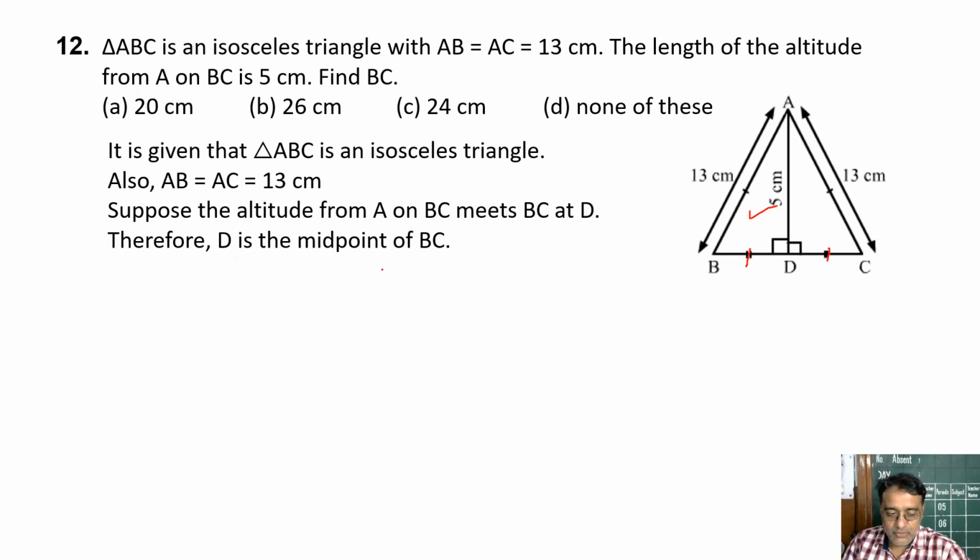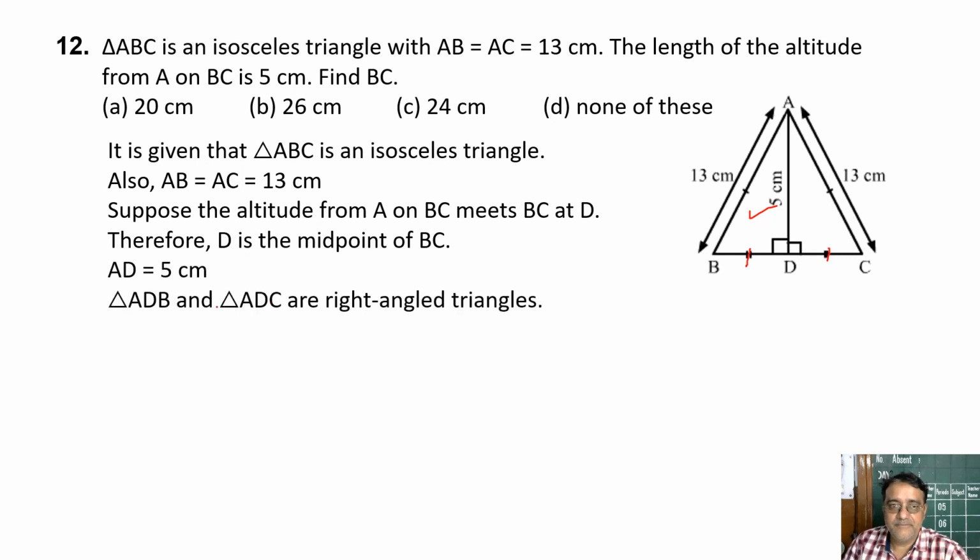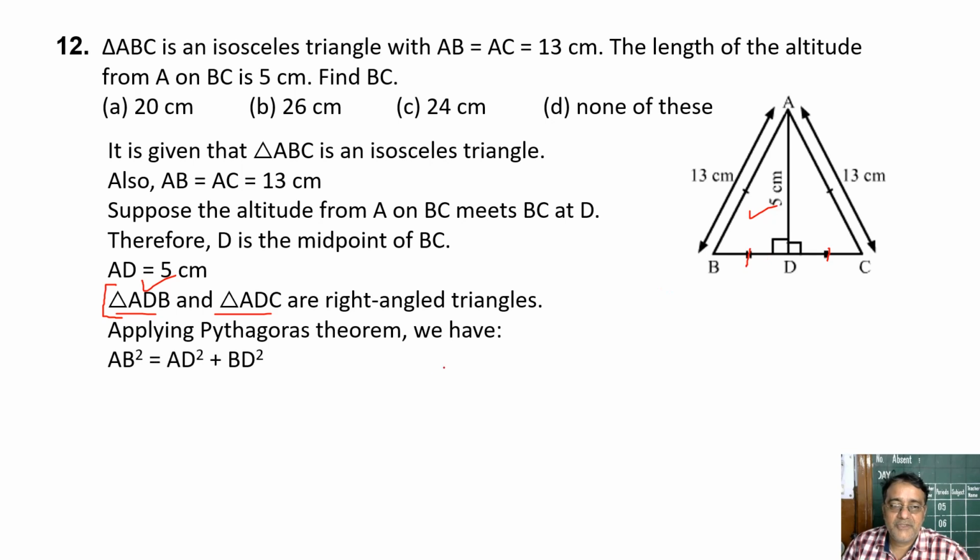So by Pythagoras theorem, these two are right triangles. We are going to take this triangle. By Pythagoras theorem, AB square is equal to AD square plus BD square. We substitute the values we have, since we need BD.